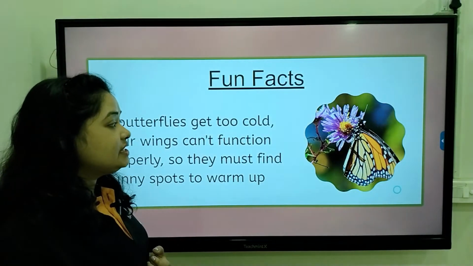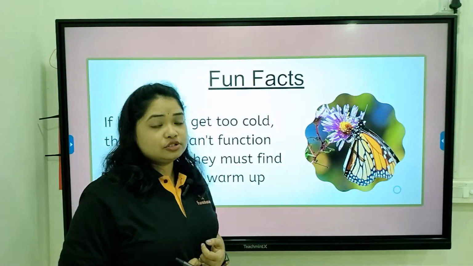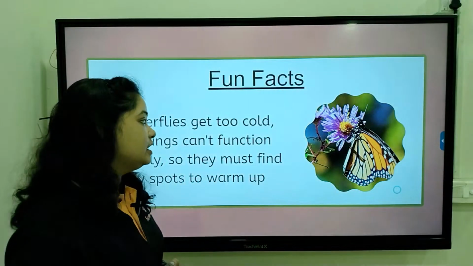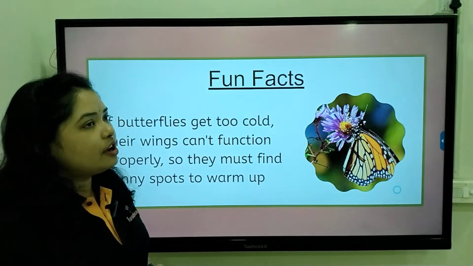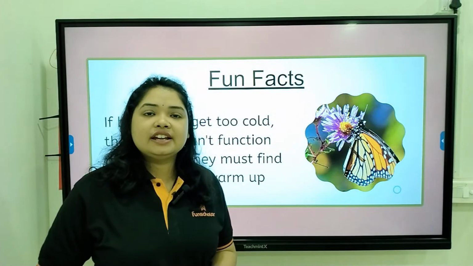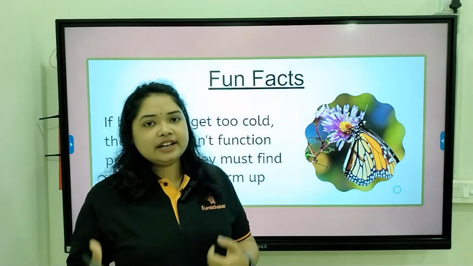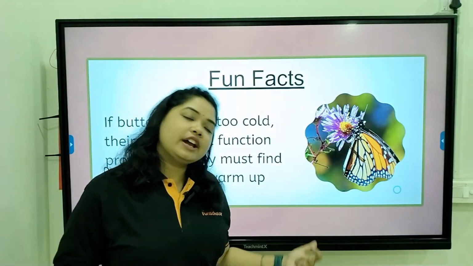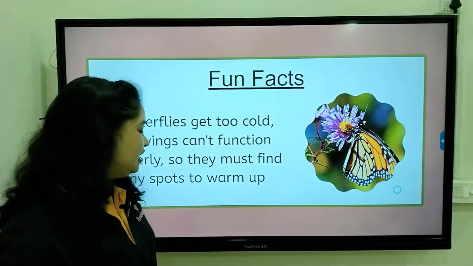They cannot withstand cold temperatures, and also they need nectar from the flowers. So if you have a beautiful garden on a bright sunny day, you can spot so many butterflies in your garden.